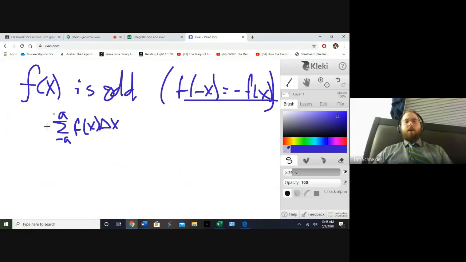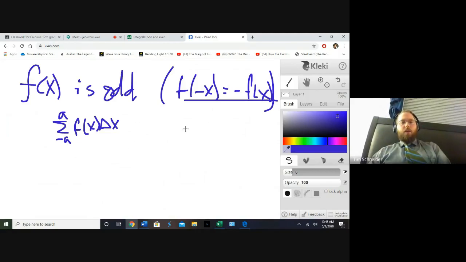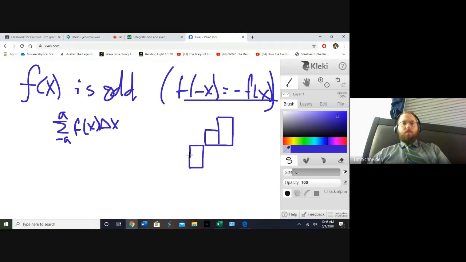I know this isn't quite right. It's always from 1 to something, but we're taking a shortcut here, mixing together some ideas. But if you can picture this, your positive ones will be over here, and then all the ones on the other side will be the negative version.